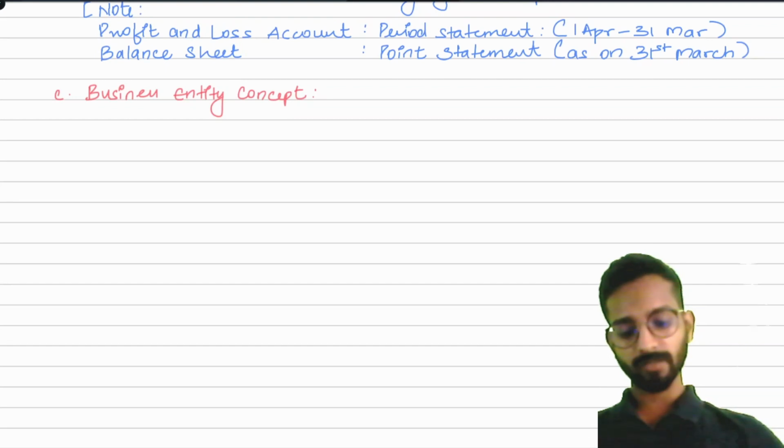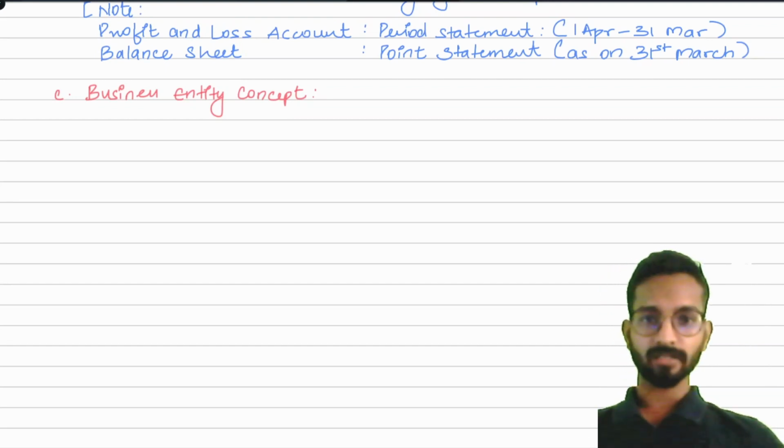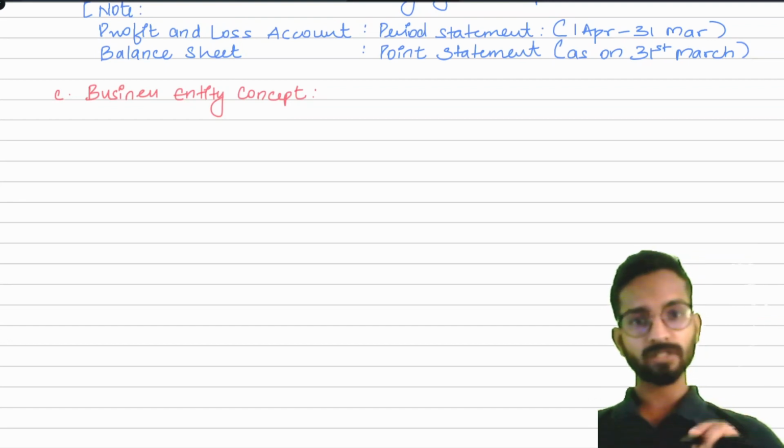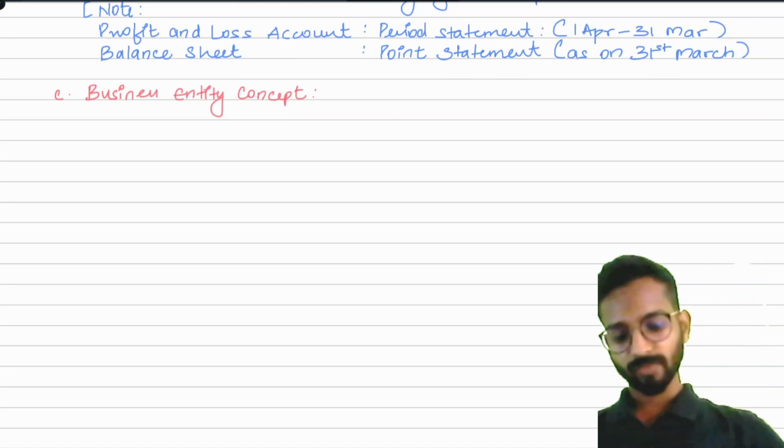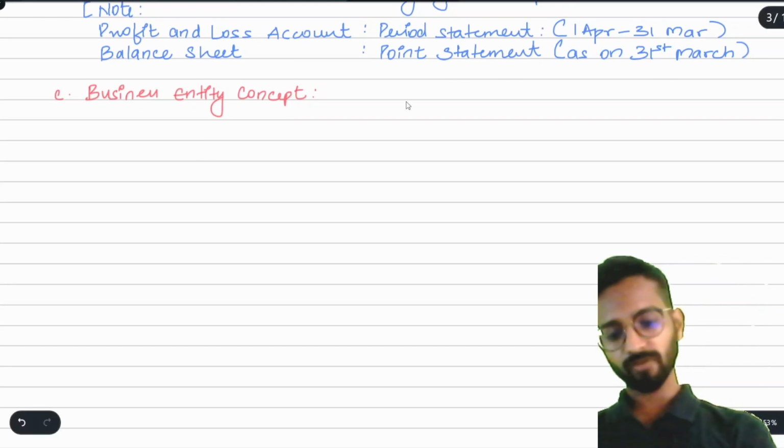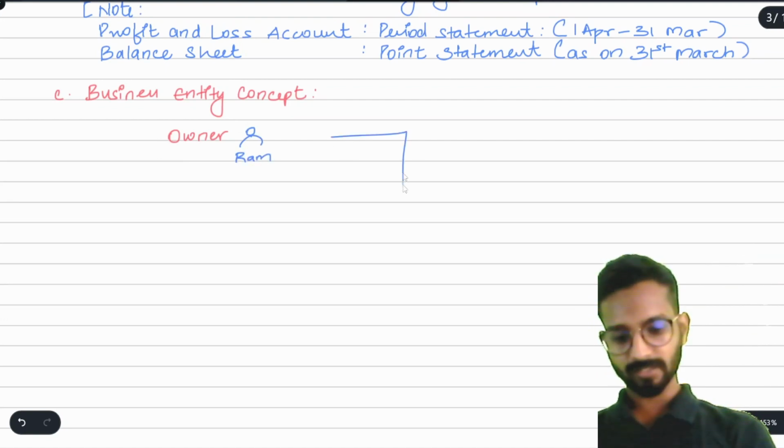But remember one thing, suppose you are purchasing goods from somebody, then when you will be signing it, you have to put a stamp also. That stamp you will put of your particular business. Say, suppose I have a shirt manufacturing company, owner Ram, and Ram has a business called Ram Shirts.